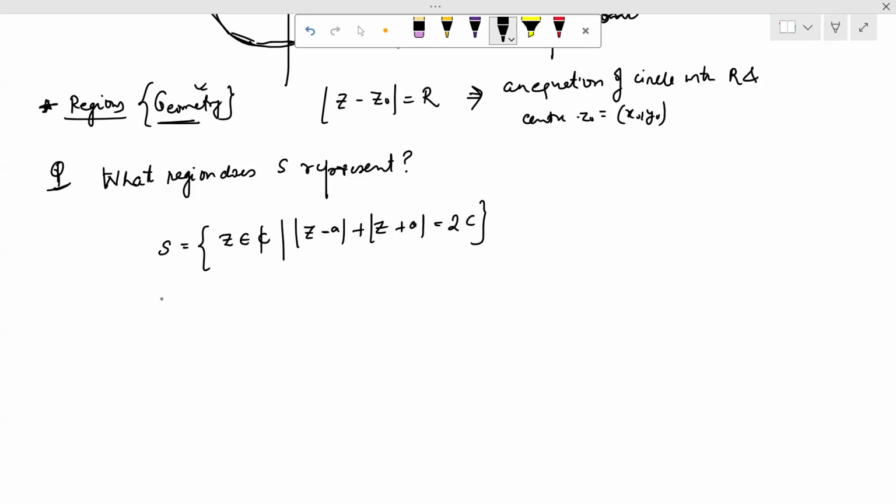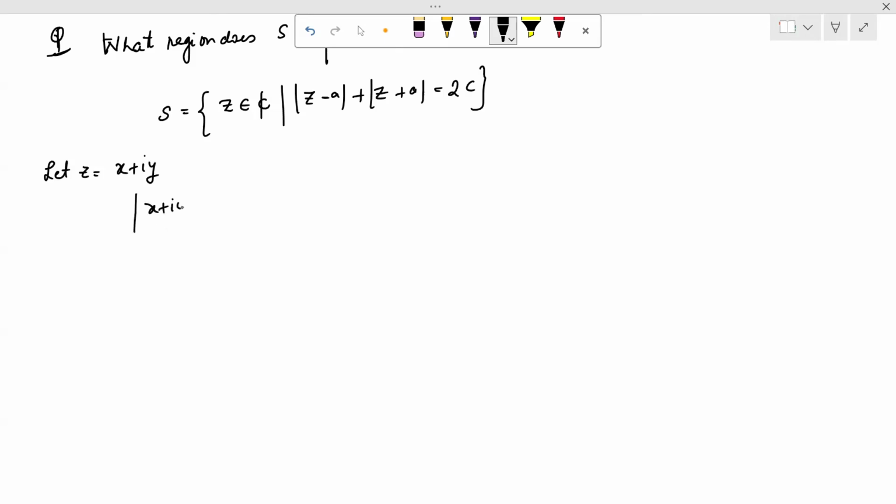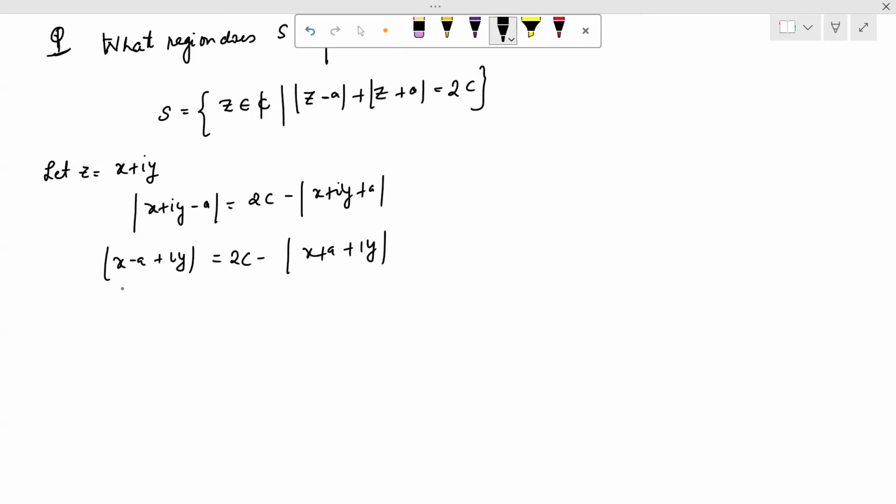See, the easiest way to do all these things is to take Z equal to X plus iota Y. So if I take X plus iota Y, you will get modulus of X plus iota Y minus A equal to 2C minus modulus of X plus iota Y plus A. And certainly you will get modulus of X minus A plus iota Y equal to 2C minus modulus of X plus A plus iota Y. And you take square on both sides.